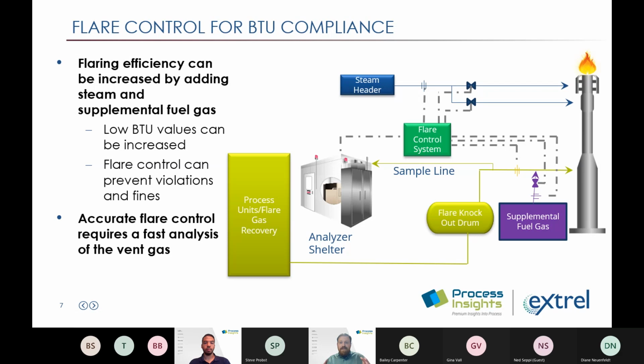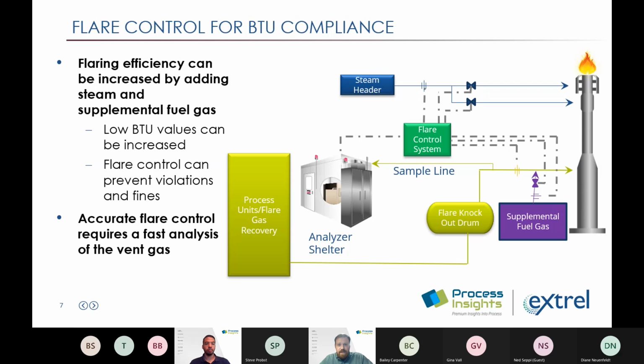Because within 15 minutes, you've got to be able to measure, apply your corrections, confirm that you are back in compliance, and then get that value to report now as a compliant 15-minute period as opposed to an out-of-compliant period. And so this has become the flare control challenge that comes into flare gas analysis.